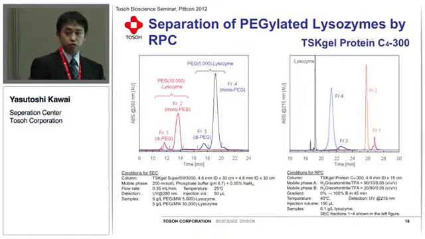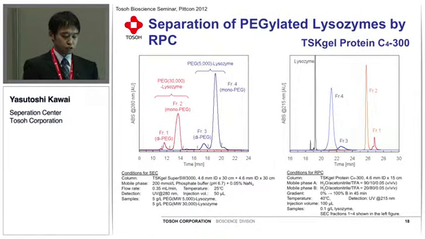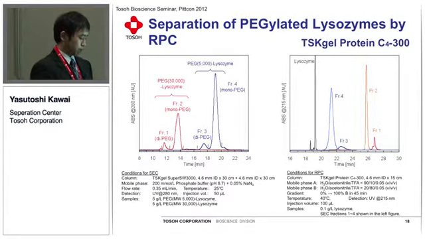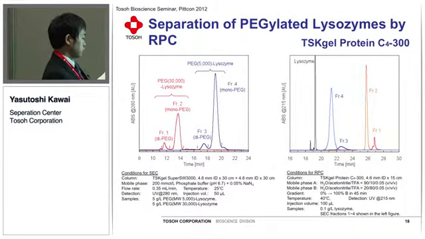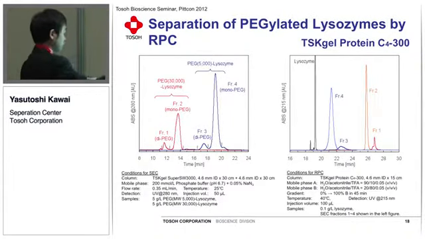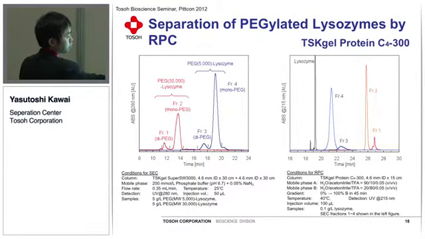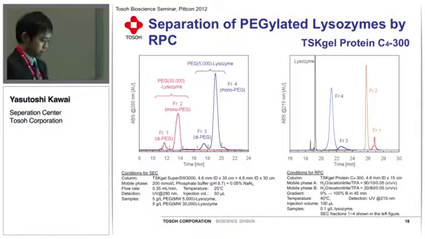Next, I'd like to show the separation of PEG-conjugated proteins by RPC column. In the left figure, PEG-conjugated lysozyme was separated by SEC. Depending on the molecular weight of PEG shown here, or the number of PEG chains, mono-PEG and di-PEG were separated.